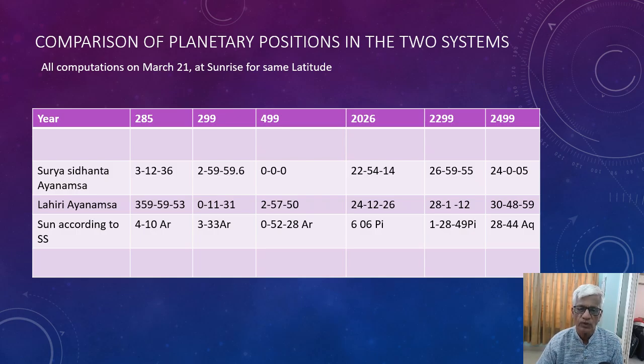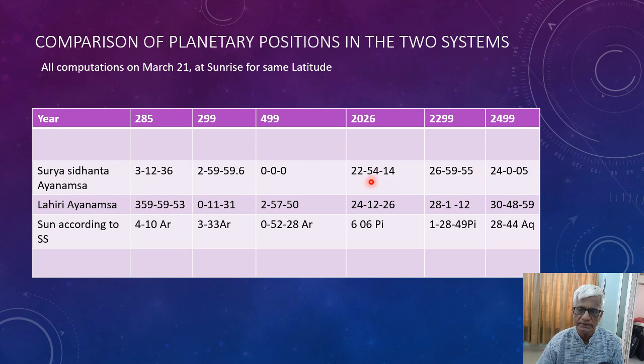So you can see the year 499. The year 499 was the coincident year as per our literature of Hindu astrology. So in 499 the Ayanamsa is 0.